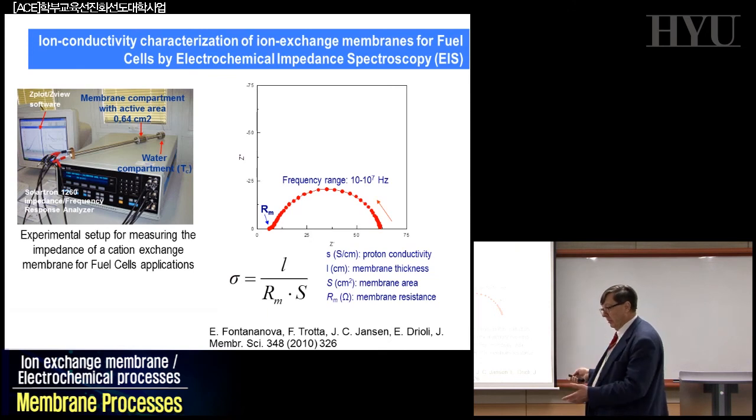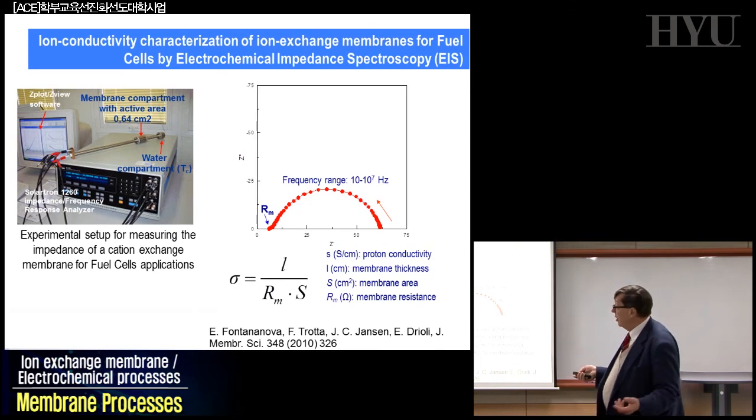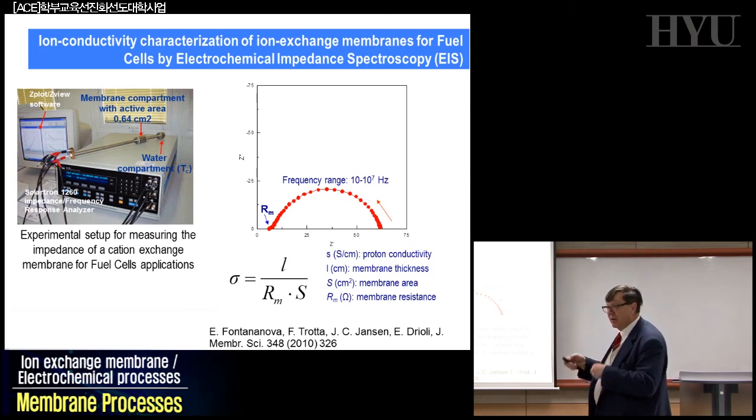It was born, and people are using it today, basically if you are working in fuel cells, in electrodialysis, etc., in ion exchange membranes, but it can also be very interesting in normal systems. This is nothing more than measuring the ion conductivity of your membrane, ion exchange membranes. We want to have as low a resistance of our system as possible. So we have to measure the ion conductivity, which is one of the parameters that we measure normally.